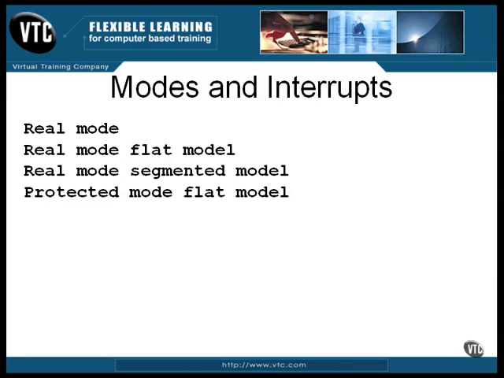The protected flat model is the flat 32-bit address space that has become used almost universally these days. It is set up and controlled by the operating system, usually Linux or Windows. The programs can then use the full 32-bit address space. The space addressed by one program goes from an address of 0 to 4 gigabytes.